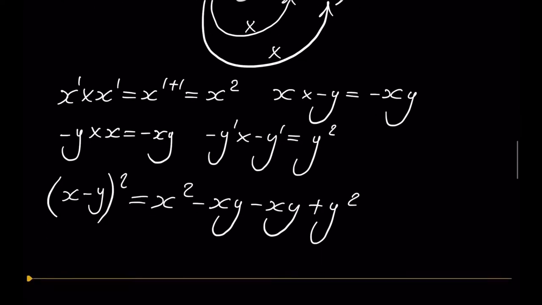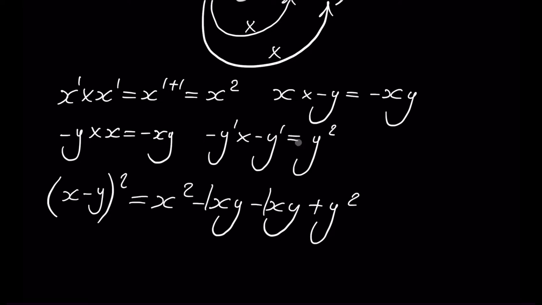And this can simplify further, because the coefficient 1 here and the coefficient 1 here are multiplied by the same variables, xy. So we can simplify this further to minus 2xy. So x squared minus 2xy plus y squared.